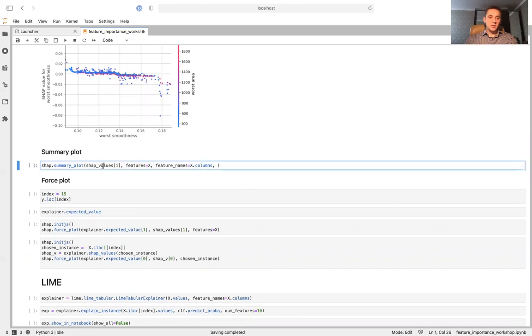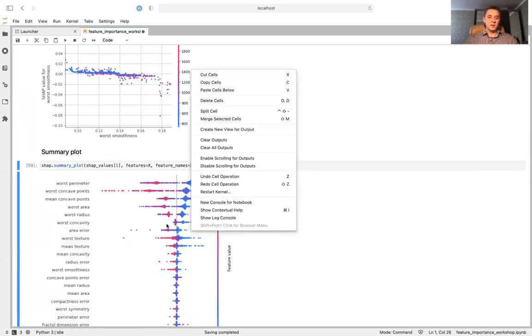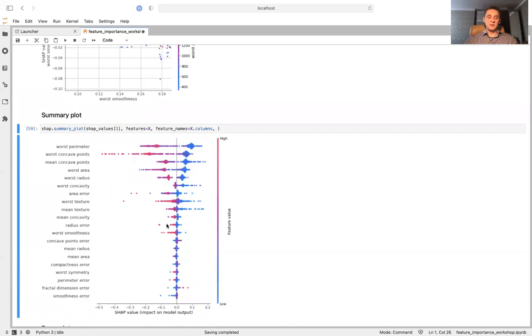So summary plot also builds these nice plots. Summary plot sorts your features in descending order of Shapley feature importance and shows the impact of feature value on the model output.